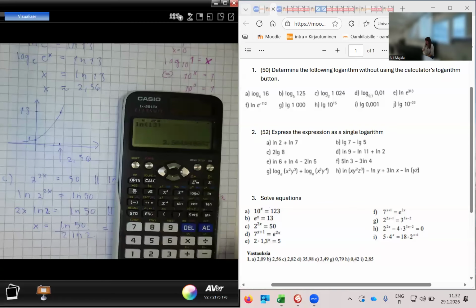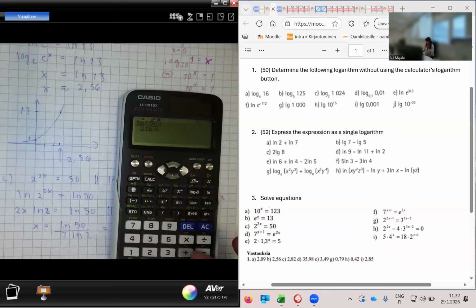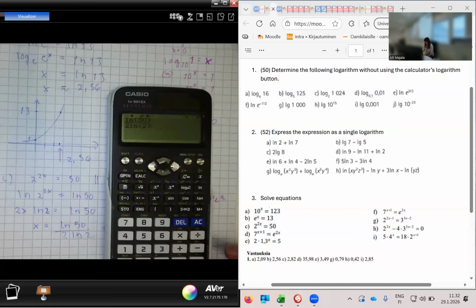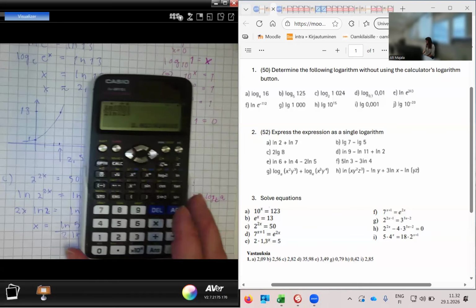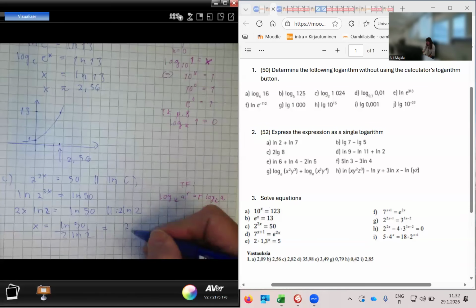I can just put it in the calculator. And that's the answer, about 2.8.